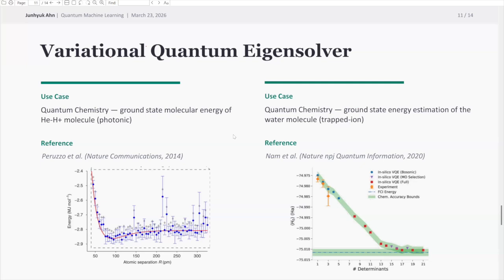The right example shows another example of a ground state energy estimation of the water molecule. This time they use a trapped ion quantum computer. You see that the orange dots, which indicate experimental values, are very close and include the VQE values in blue in their range of error.